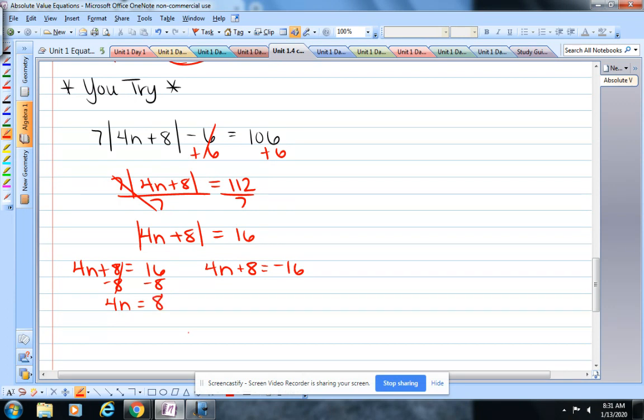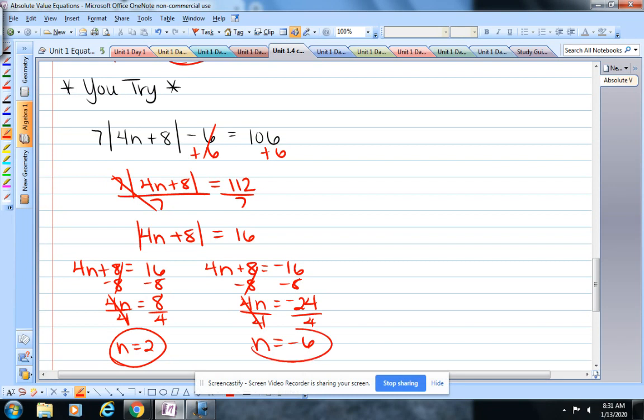Then what? Divide by 4 and n equals 2. And over here, you subtract 8 and 4n equals... n equals... Raise your hand if you got positive 2 and negative 6 for your solution. Are there any questions?